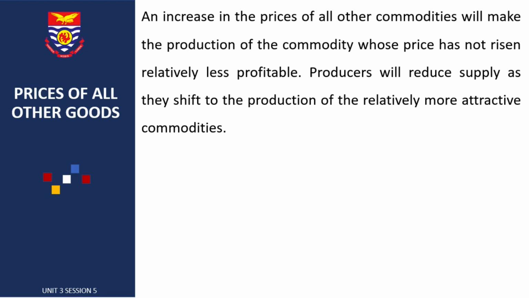Prices of maize and rice have increased. People are buying it, so those who are selling are making more money. But you seem to be making less profit. What are you going to do? You may try to shift your production to producing maize or rice because you want to get more profit. So an increase in the price of all other commodities will make the production of the commodity whose price has not risen relatively less profitable.